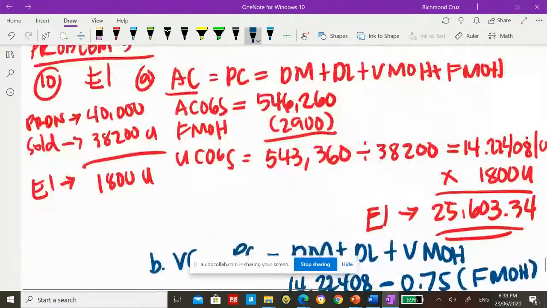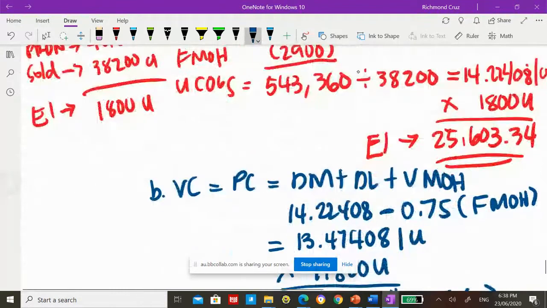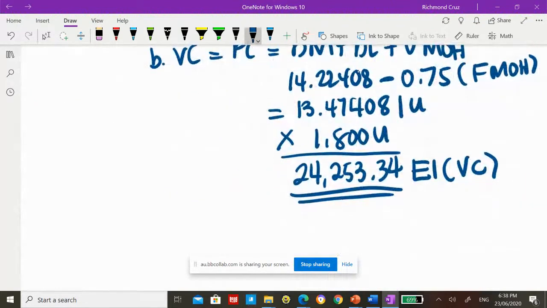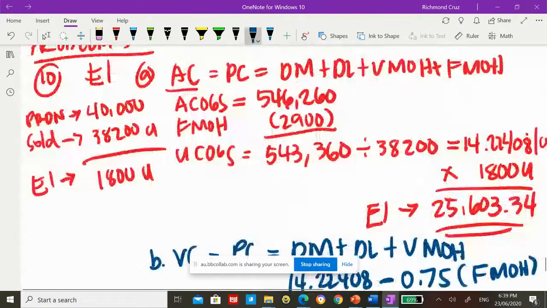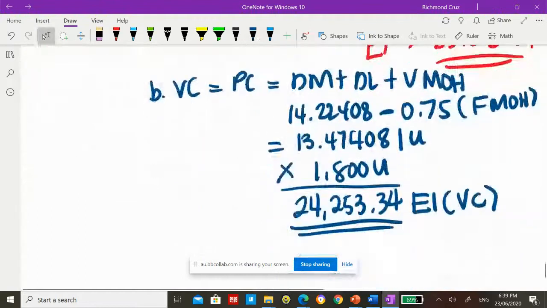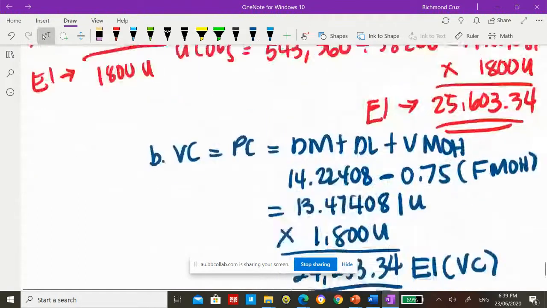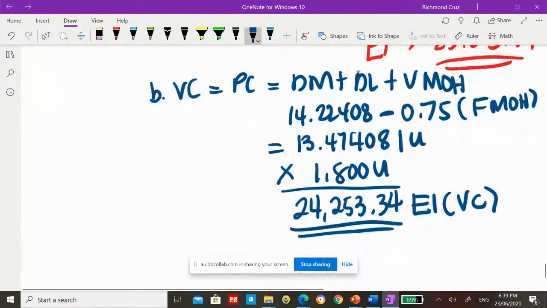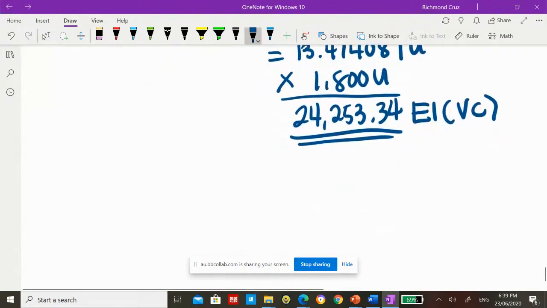So, ending inventory ko under absorption costing is 25,603.34. Ending inventory ko under ng variable costing is 24,253.34. So, dun sa previous problem, di yata tinanong to. Ang tinatanong lang is unit product cost. So, ang unit product cost, itong 14.22408 under absorption, tsaka itong 13.47408 under ng variable costing.